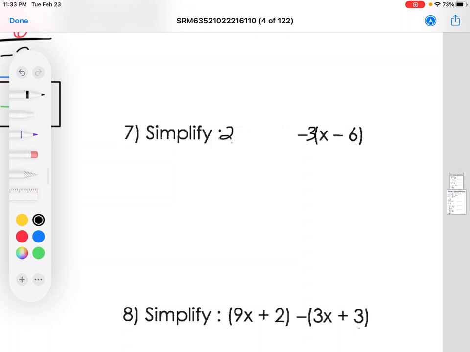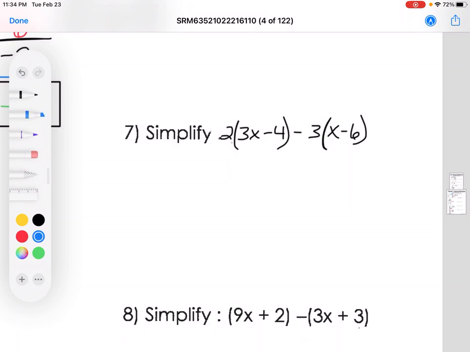So I had 2 times 3x minus 4, and then I had minus 3 times x minus 6. Okay, so we're going to simplify this. I don't want you to think that's a negative or anything there.